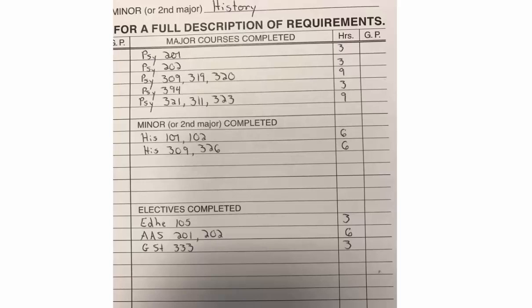Their first Gender Studies class satisfied a humanities credit, so they put that in the humanities under general education. You do not want to have any electives appear anywhere else on the application. But your major courses and minor courses, if those also satisfied a general education requirement, put them in both places.